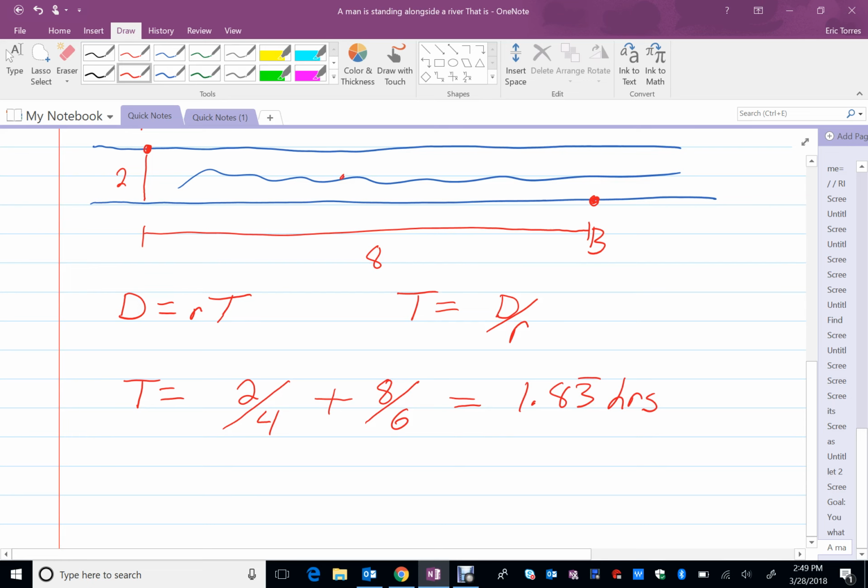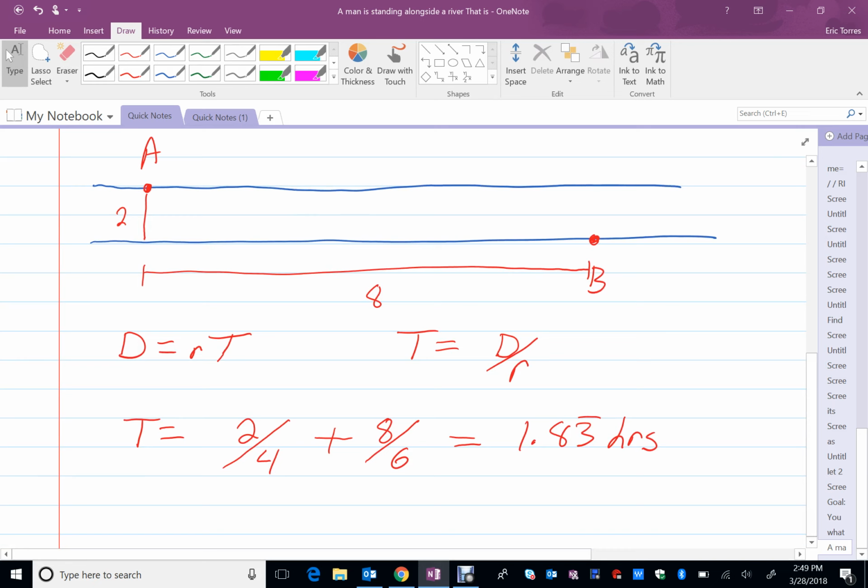Option number two. Let's say he attempts to row directly from point A to point B, and I'm going to draw the best line I can.